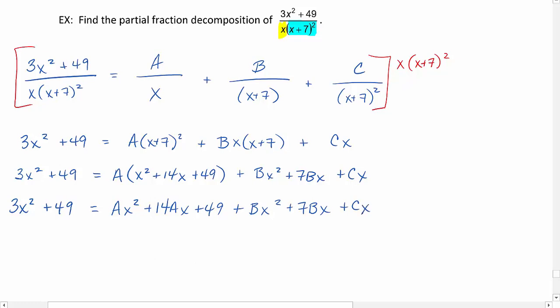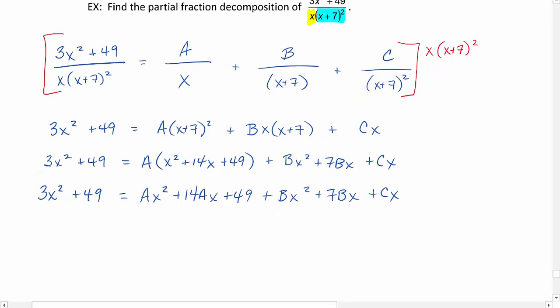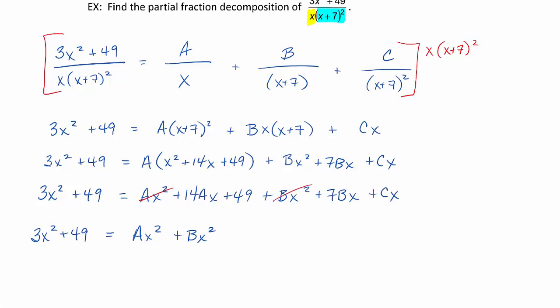And now it's time to get things organized, which is the same as rewriting it in descending order. I want to put my x squared terms first. Sometimes I find it's helpful to cross them out because there's a pretty long list and I don't want to double count something or miss something.